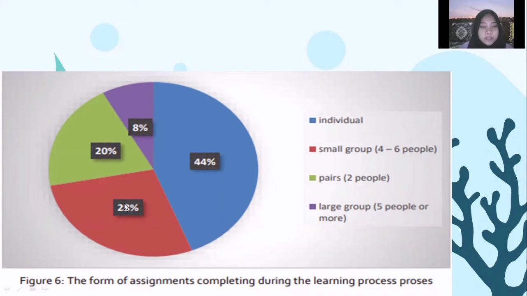Then about 28% of students chose small group, which is 4 until 6 people, and 20% of students chose pairs, 2 people. And then about 8% of students chose large group, which is 5 people or more.